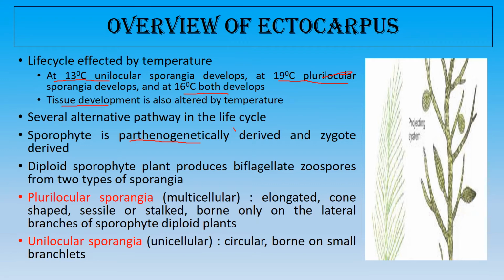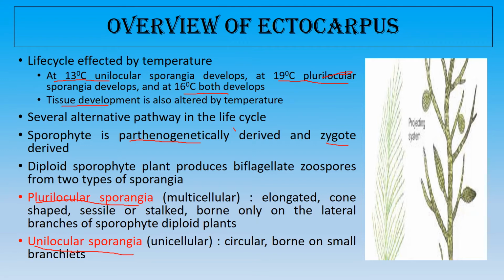So the sporophyte is produced parthenogenetically as well as by the normal process of fusion, zygote formation and germination of the zygote. And this sporophyte produces two types of sporangia. One is the elongated cone-shaped plurilocular sporangia. Another is the circular unilocular sporangia.